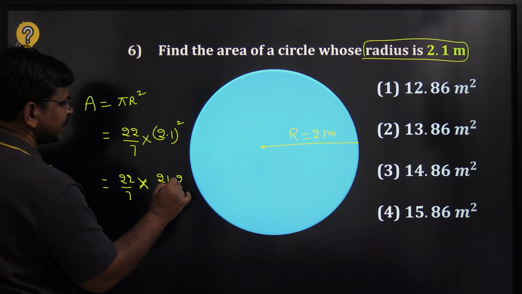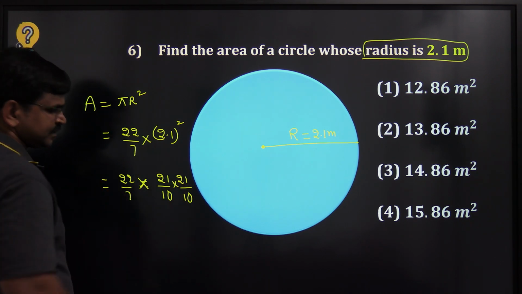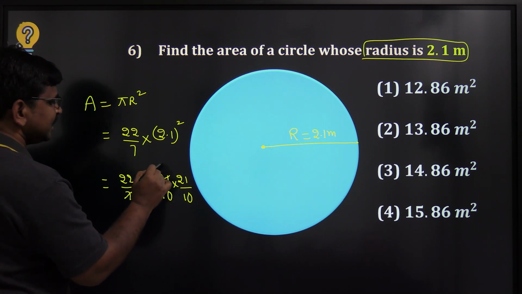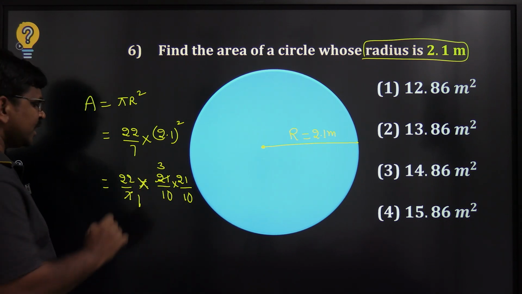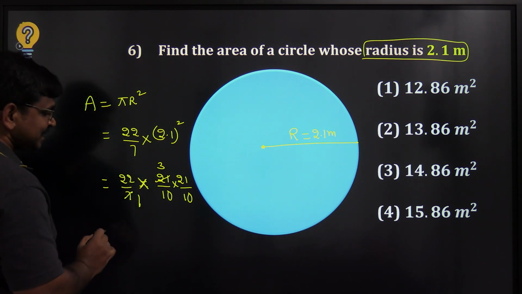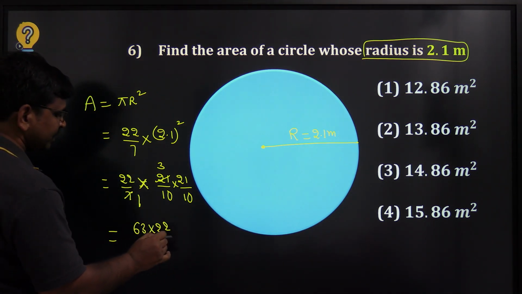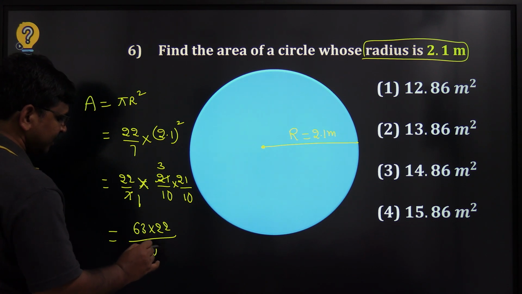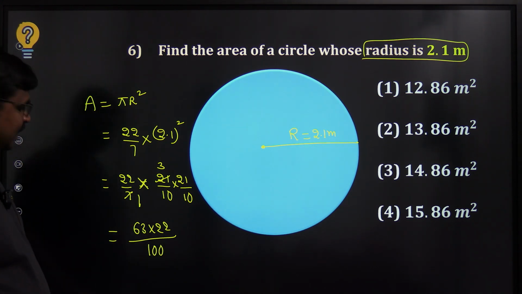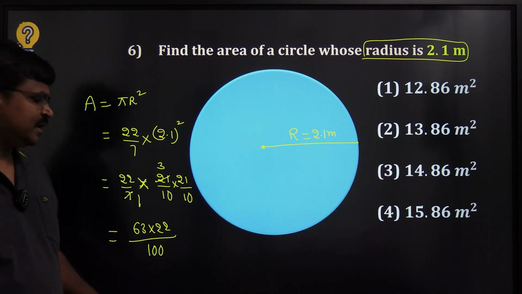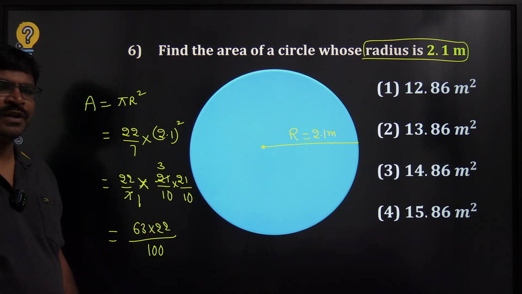So we can multiply 2 times, right? Like this. And 7 times 1, 7 times 3. So here 21 into 3, 63. So 63 times 22 divided by 100. Actually 63 times 2 is 126 and 63 times 20 is 1260.